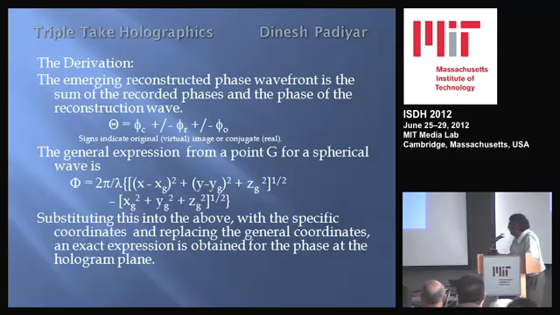And that phase, due to some general point G, at some place where the plate is at X and Y, that point will create a phase of that. So what we then do is substitute that general circular phase into each of these 3 terms and create the actual wave that comes off the hologram.